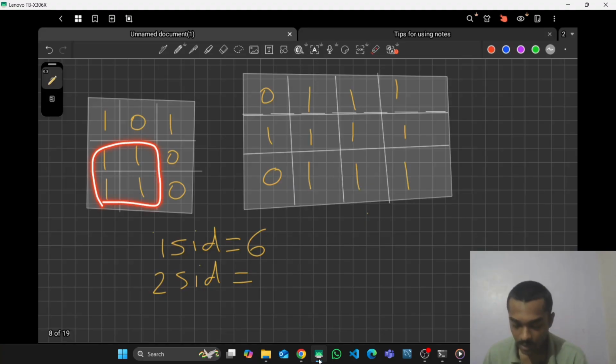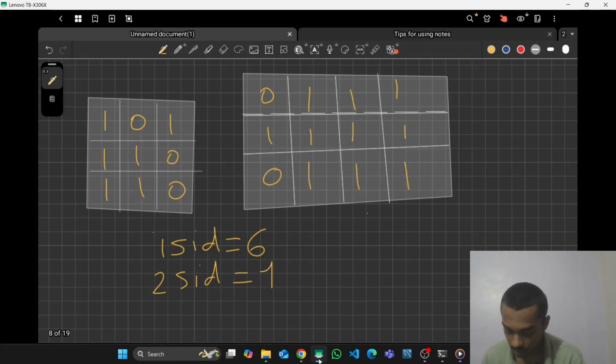This is a submatrix having side two. So in total we have 7 submatrices.